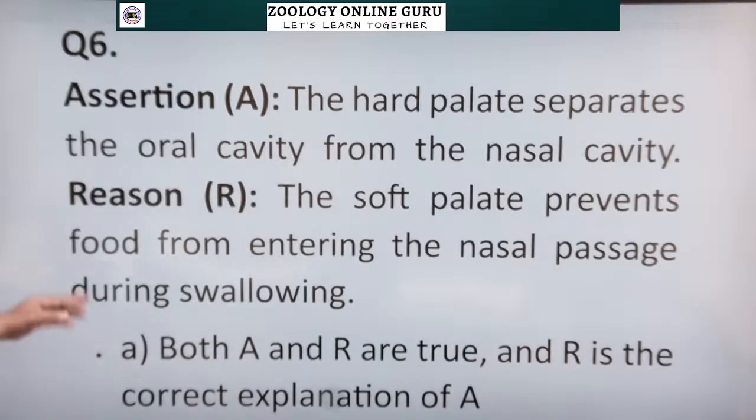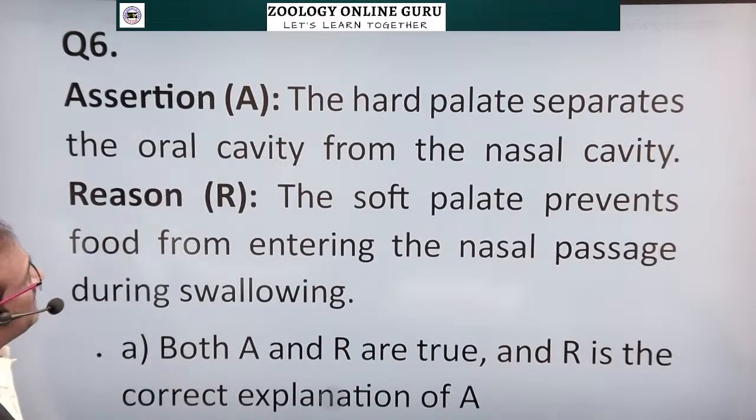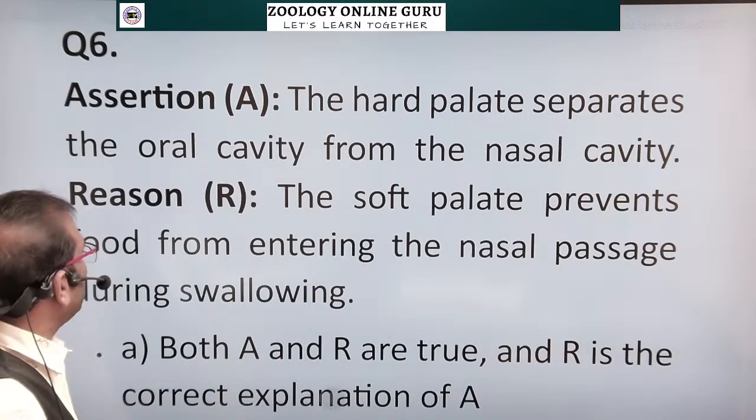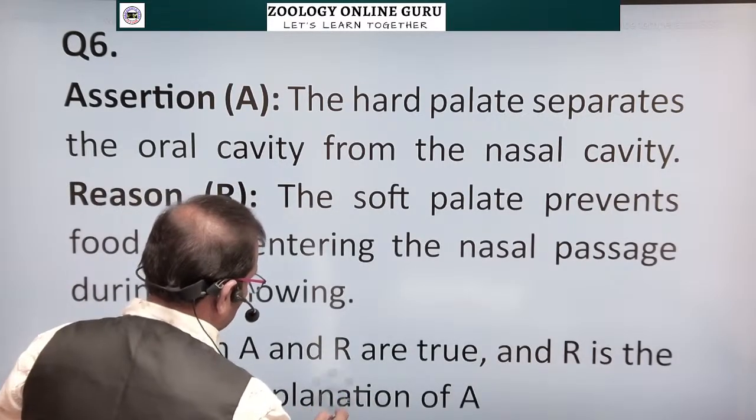Next, the hard palate separates the oral cavity from the nasal cavity. Yes, definitely, correct answer.